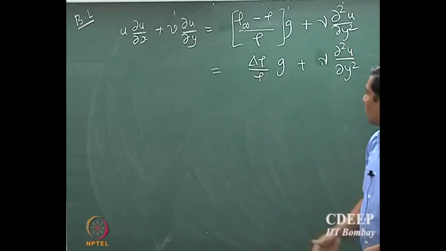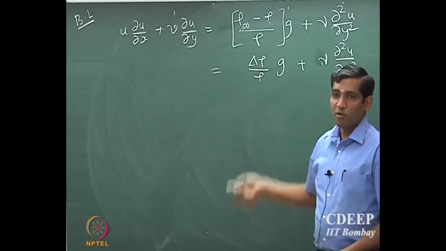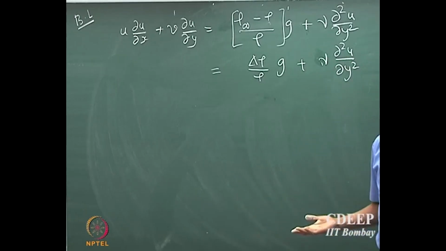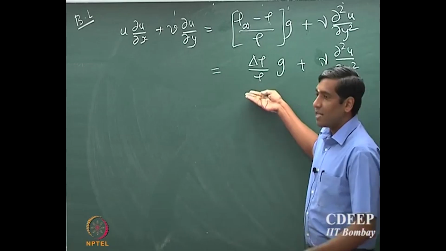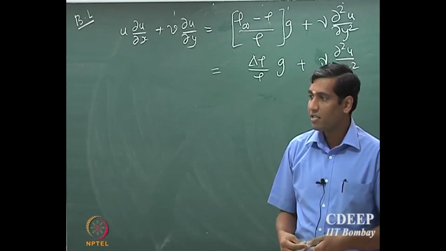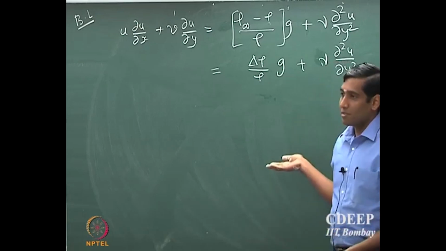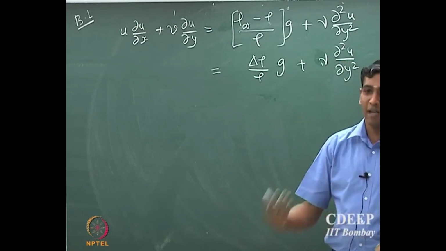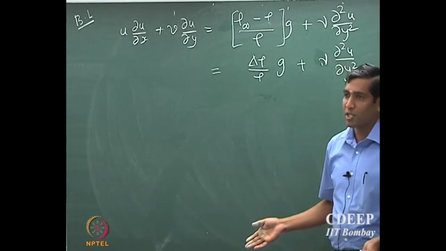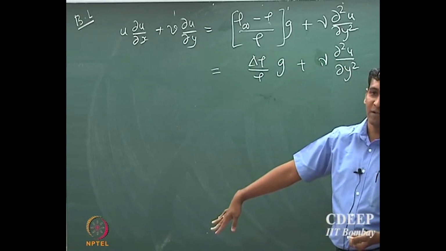So now if we know what is delta rho by rho, we are done, right? We should be able to solve the equation. So what's the relationship between the density gradient and the other system variables, for example velocity or temperature or concentration, whatever. So here we are not looking at mass transport, let us not worry about concentration for now.